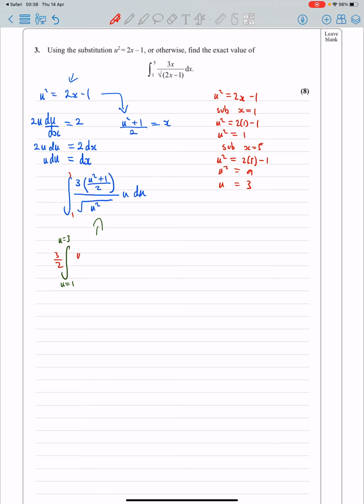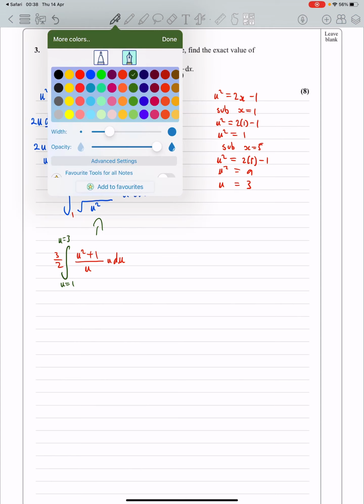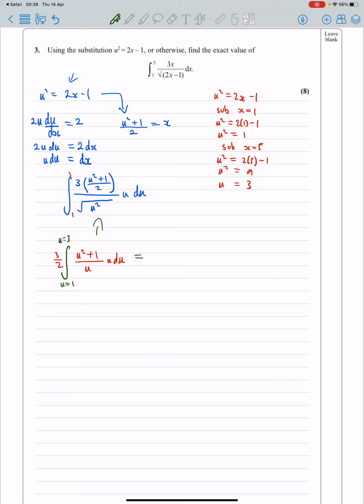And then we're left with u squared plus 1 over, well, the square root of u squared is just u, times that by u du. This simplification bit usually trips people up, so just make sure that you're very careful on that particular part when you're carrying out these integrations. So that's 3 over 2 lots of, from u equals 1 to u equals 3, u squared plus 1, the u here and here will cancel, so you're actually just left with u squared plus 1 du.